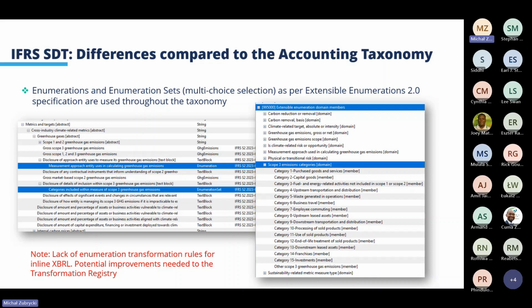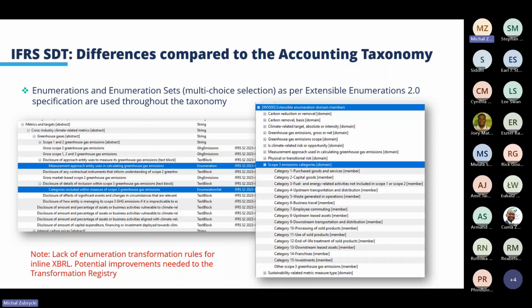The difference is that there was a new version of the specification, because originally CIPC was using extensible enumeration 1.0, while the ISSB taxonomy will use extensible enumeration 2.0.